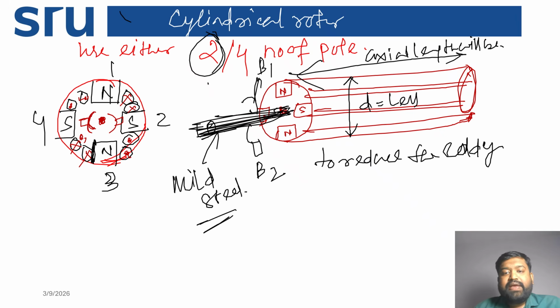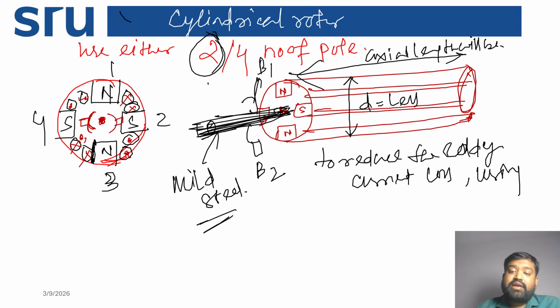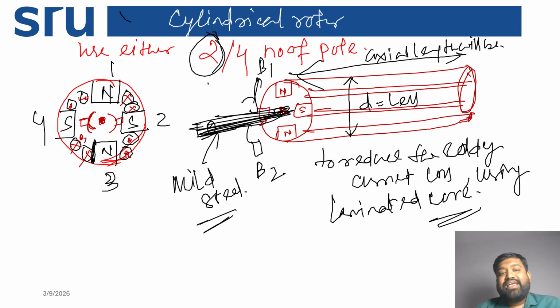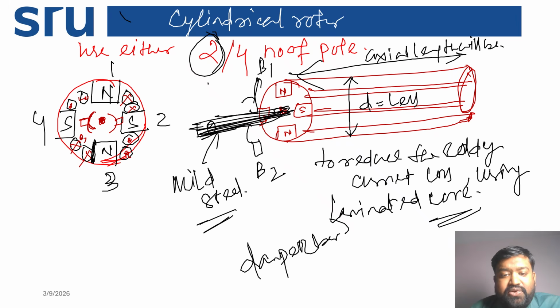Okay, eddy current loss, we are using what? To reduce the eddy current loss, you are using the laminated core. Okay, another important point, in case of the salient pole rotor, we are using the damper bars. Damper bars, why are they used?